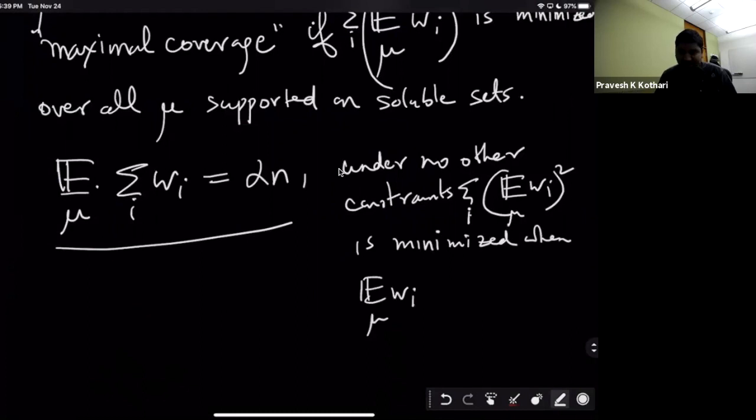And if all of these numbers are equal and their sum has to be alpha n, then there are n such numbers, so each number should be alpha. If I sum alpha over n numbers, I get alpha n.